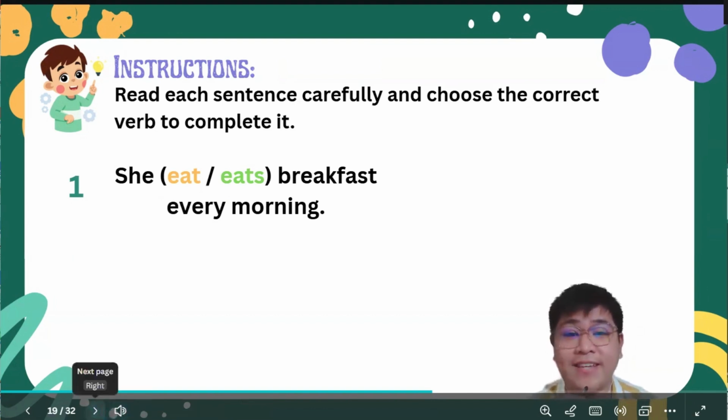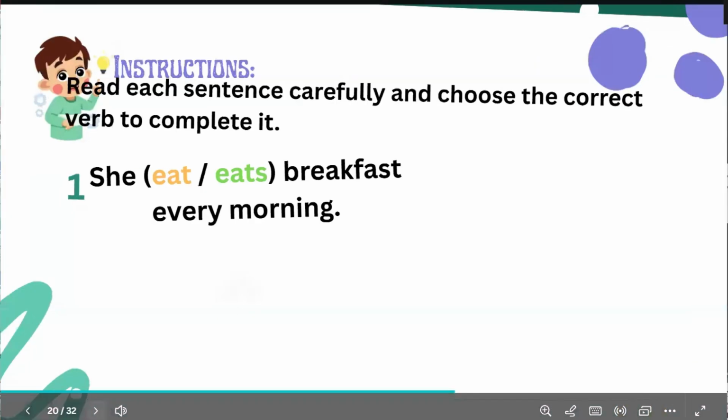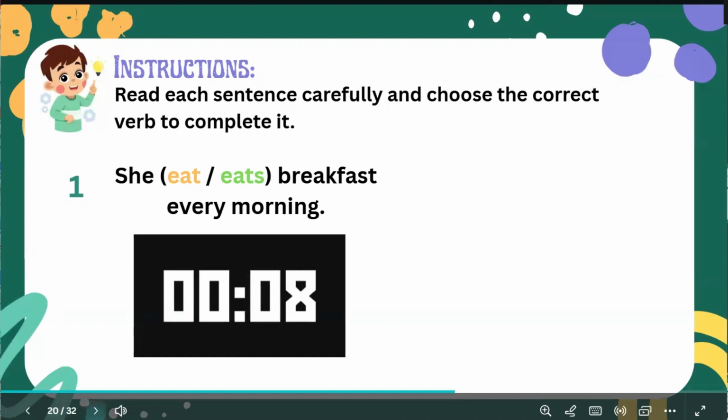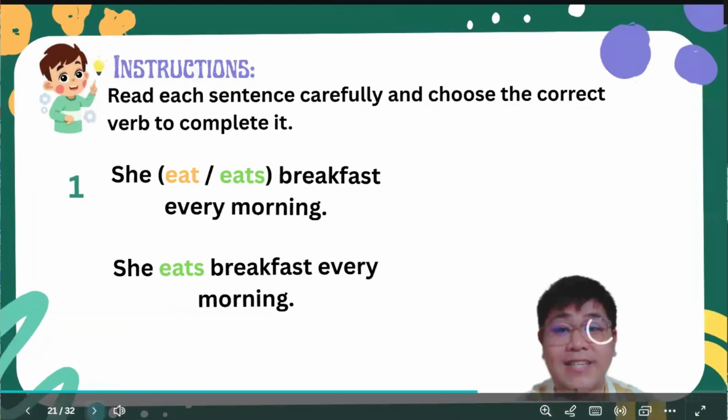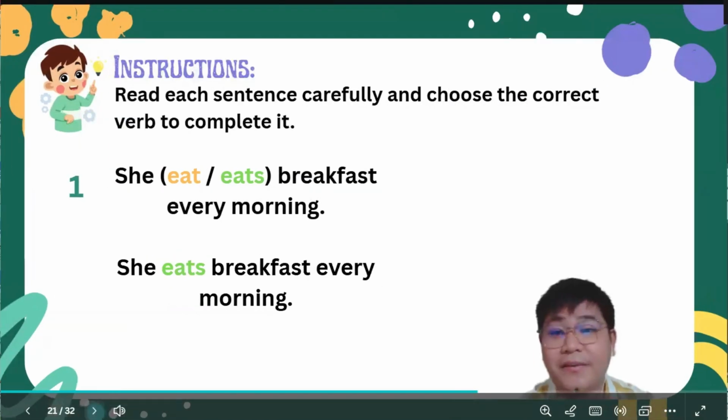You'll be given 10 seconds to choose the answer. The correct answer is eats, because we only have a singular subject, which is she. So we say, she eats breakfast every morning.